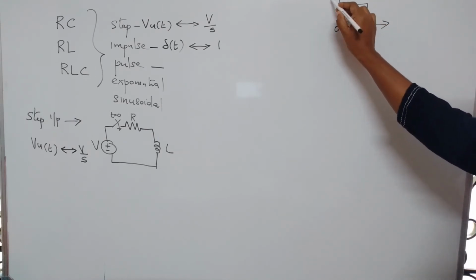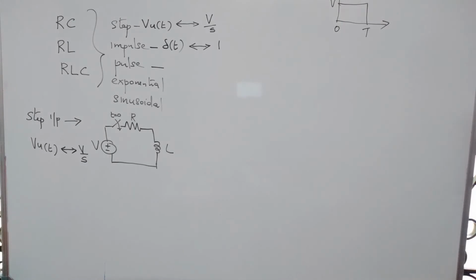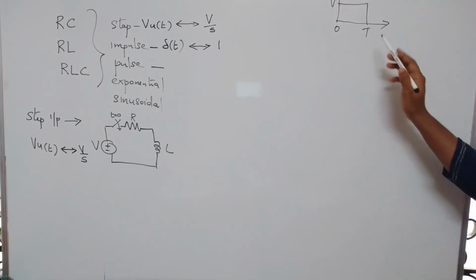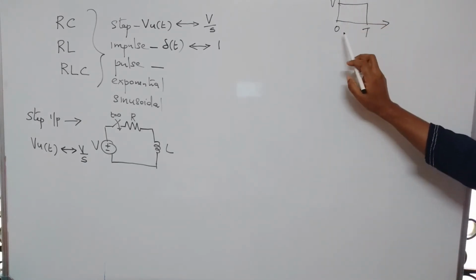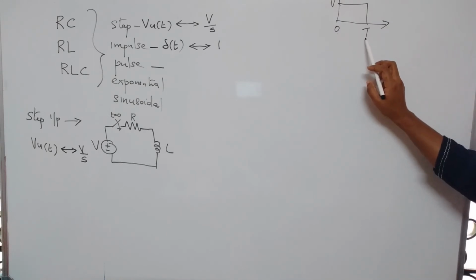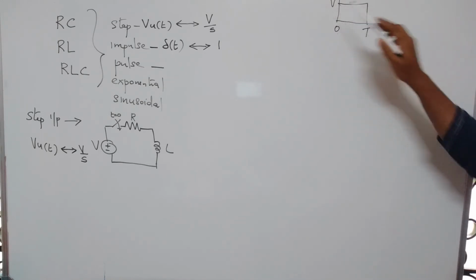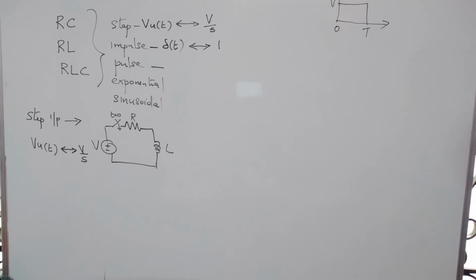Now this is a pulse. Okay. Here the signal or the function appears from 0 to T and is having a magnitude V. So this is a pulse function.